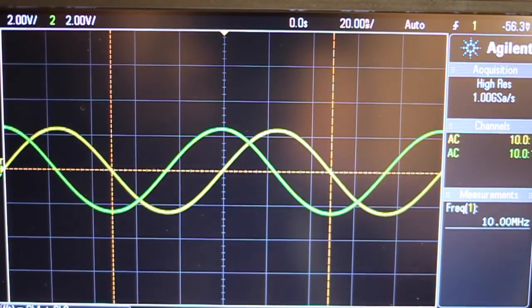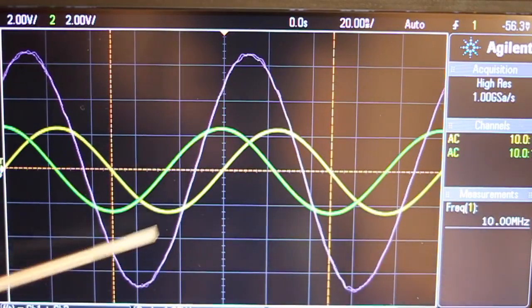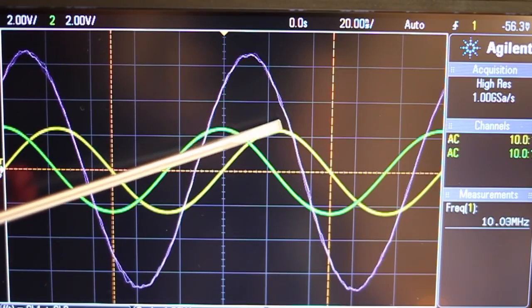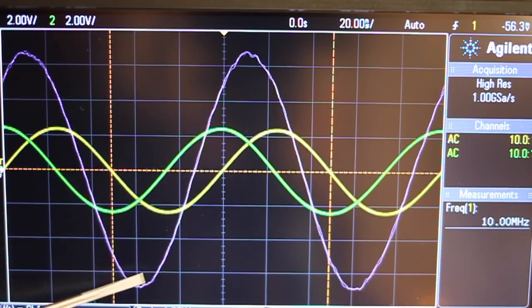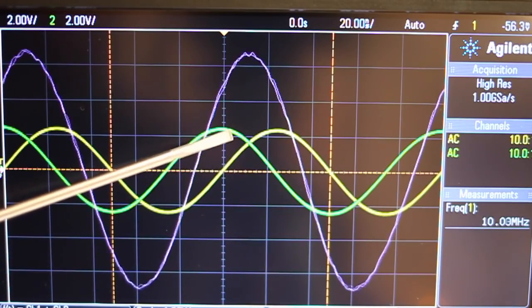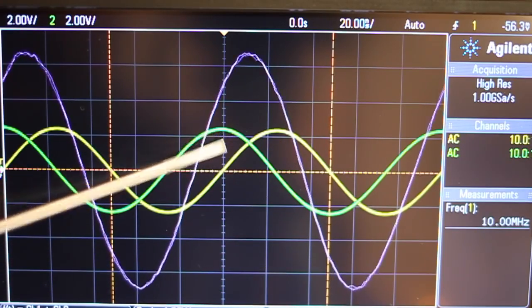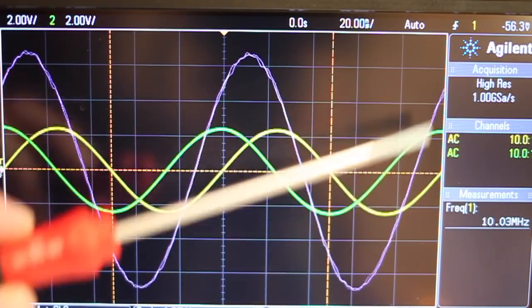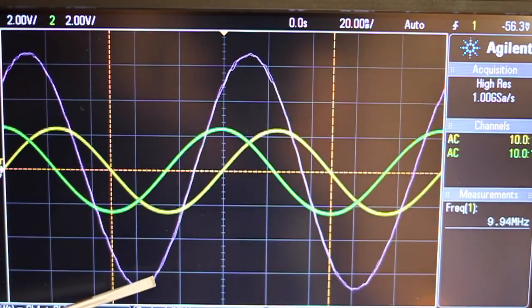Likewise, we can take a larger signal and represent it as the sum of two smaller signals, just like the oscilloscope's doing here with this math waveform. It's taking these two signals, which are 90 degrees out of phase with each other, and simply summing them together, and we get this larger waveform.